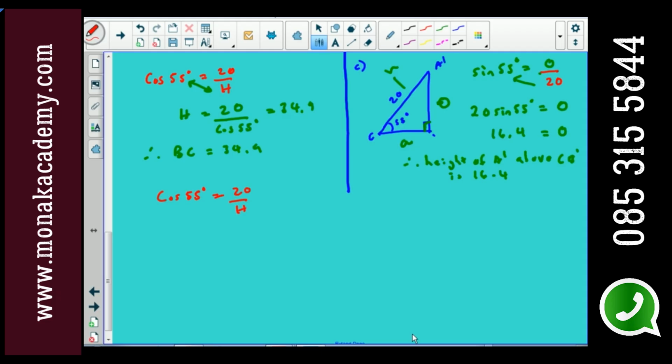So we're going to multiply here by H. What you do on the right side, you should do on the left to make an equation remain the same, right? So at the end of the day, this was going to cancel that. So you're going to have h cos 55 equals 20. But remember, we want h. So how do we get rid of cos 55 so that we only have h? We divide both sides by cos 55.